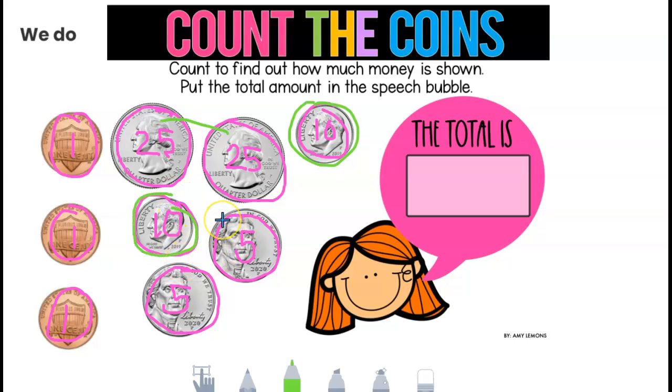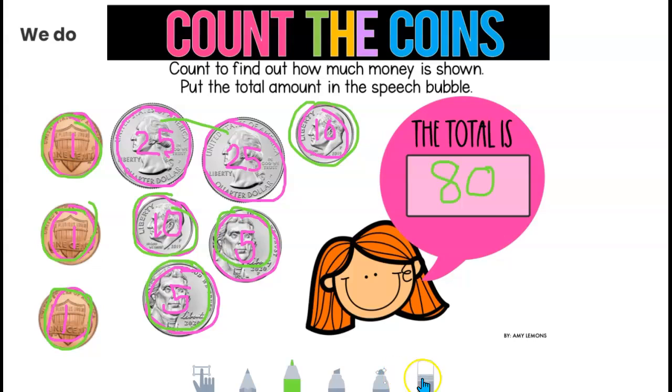Now I'm going to switch over to my nickels. So I'm going to count by fives from 70. So 70, 75, 80. And now I just have my pennies left, and I'm going to count on by ones. So I left off at 80, 81, 82, 83.